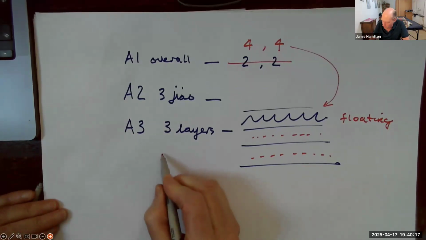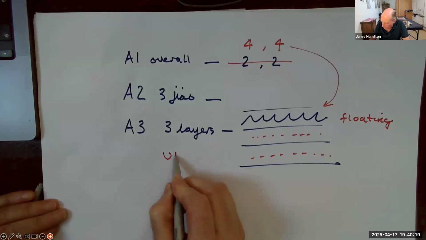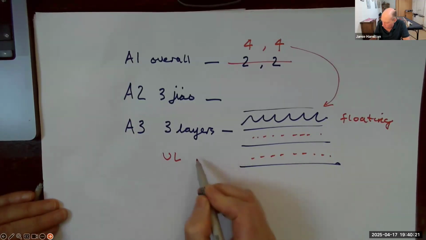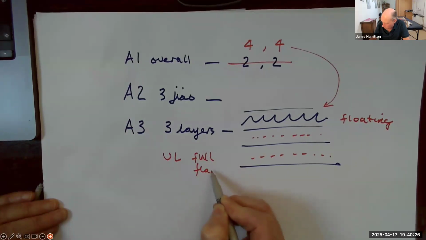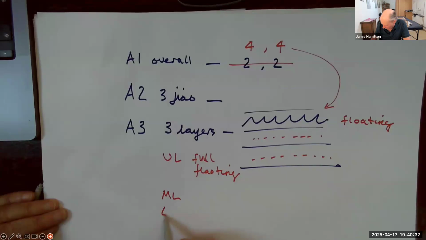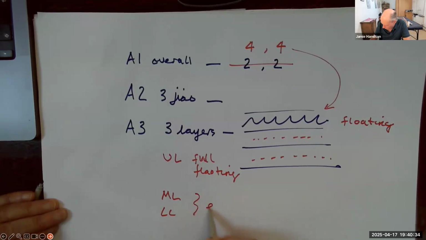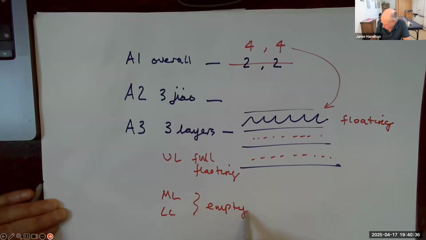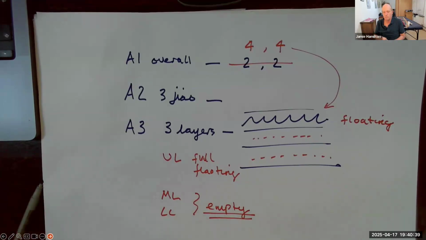So you might write upper layer, I do UL for upper layer, full, floating, and I might write, let's say, middle layer or lower layer empty. But would you ever find it full everywhere?